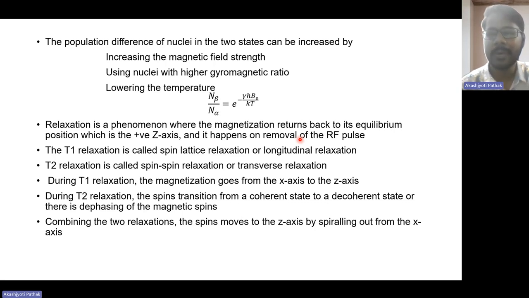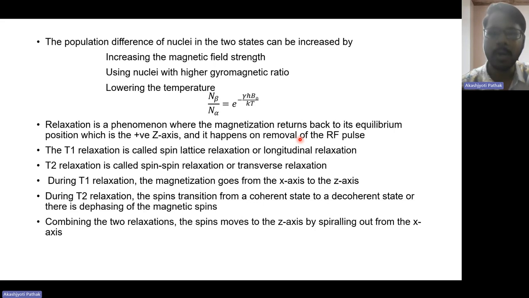And once this RF pulse is given to the sample, what will happen? The net magnetization shifts from the XZ plane to the XY plane.